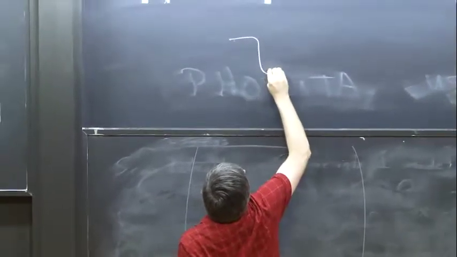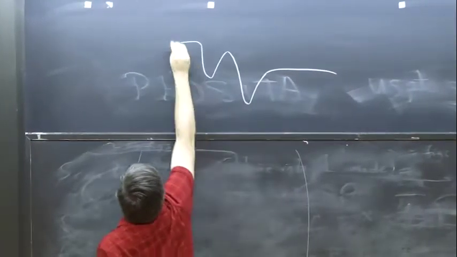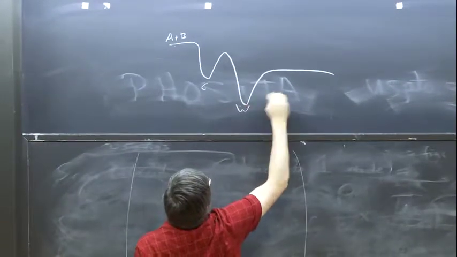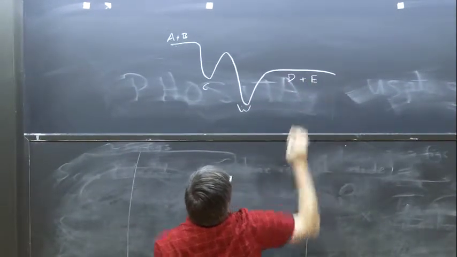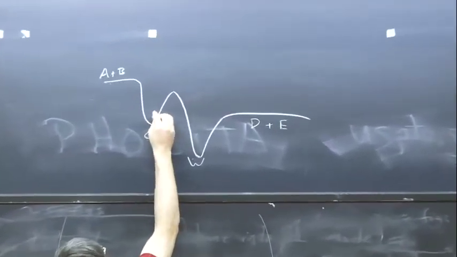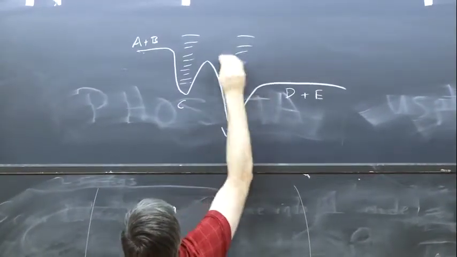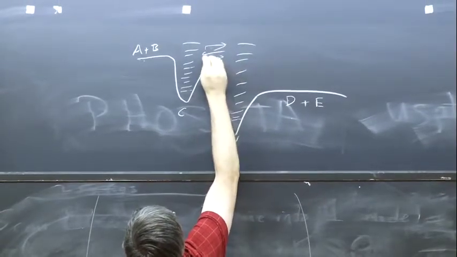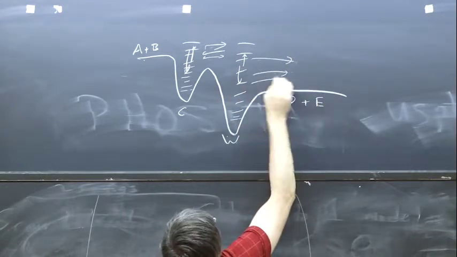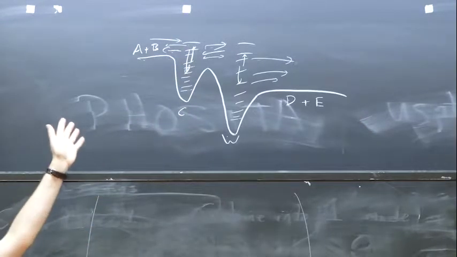Suppose you have here's C, and here's A plus B make C. You can make W, something else. And what's this, D plus C? Because this could also happen, right? That the intermediate could isomerize. So now I have the states of C, the states of W. Each of these guys can interact all different ways. They all can move up and down every which way, and then they all can fall apart this way and this way. And I'm feeding it in, say, this way. So that's just the overall system.